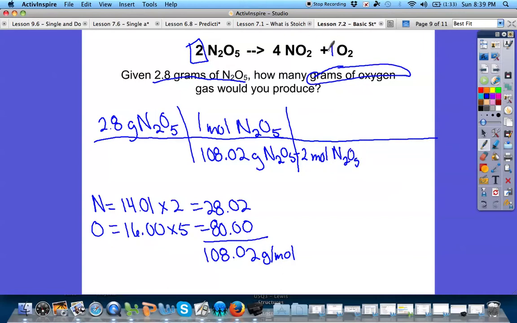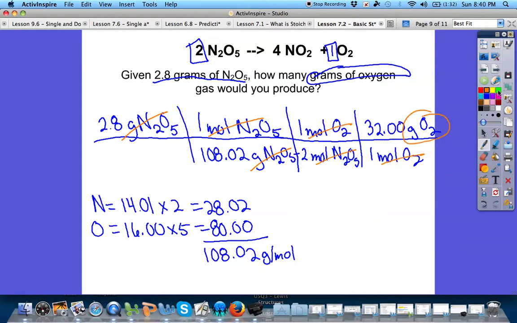And we have 1 mole of oxygen. And then our molar mass of oxygen is going to again be 32 grams per mole. So if we look back here, grams of N2O5 cancel, moles of N2O5 cancel, and moles of oxygen cancel, left with grams of O2.